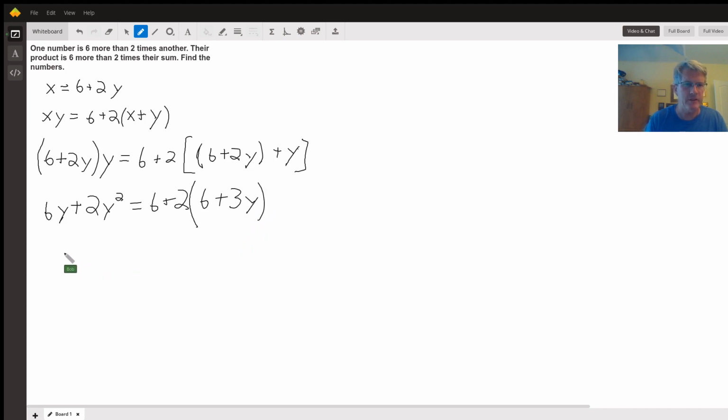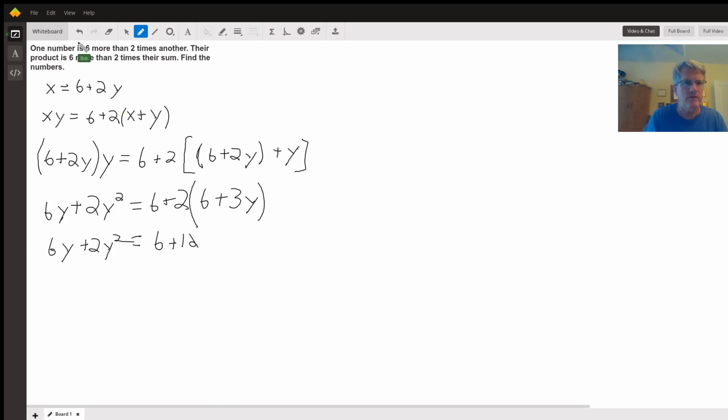And a little more simplification. We could factor out a y here, but we don't want to right now, and you'll see why in just a second. We have 6y plus 2y squared is equal to 6. And then we want to use the distributive property to get rid of those parentheses. 2 times 6 is 12.